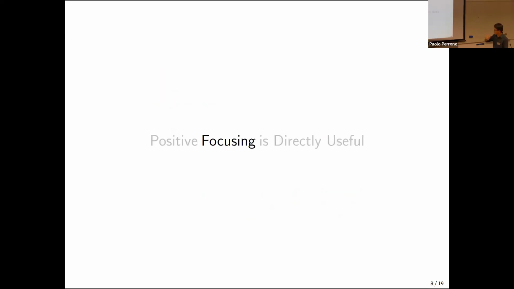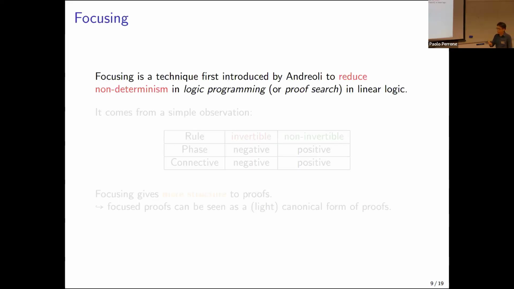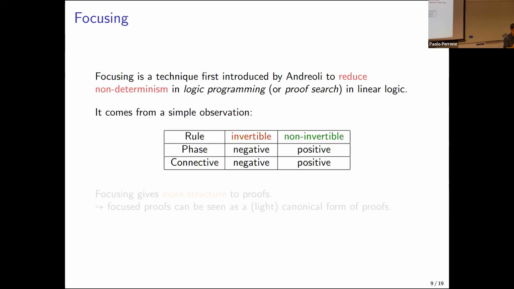Now I'm going to move to the other part of this paper, which is about focusing. I'm just going to give you a brief idea of focusing. Focusing is a technique first introduced by Andreoli in the context of logic programming, or proof search in logic. It comes from a very simple observation.